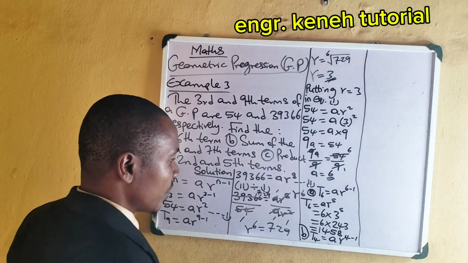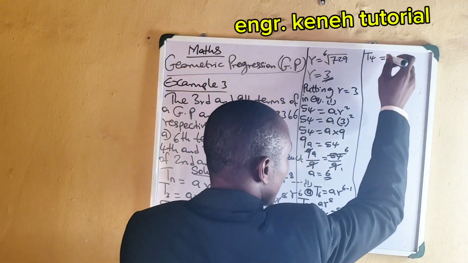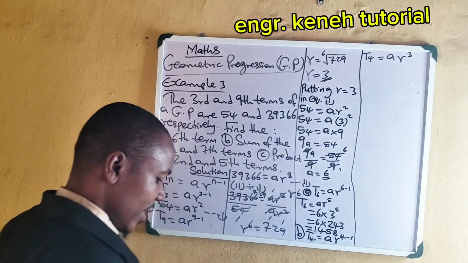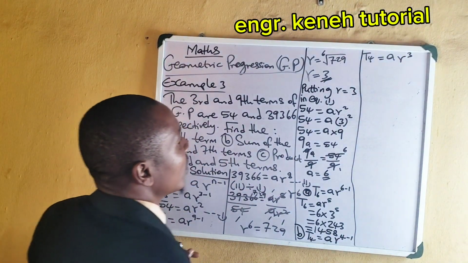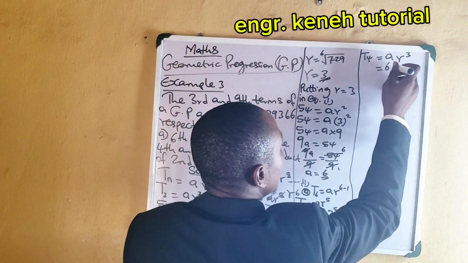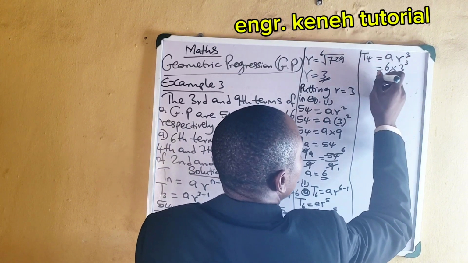All right, so now we have that T4 is equal to A, this raised to the power 3. Can you see that? So now A is 6, and this is 3.